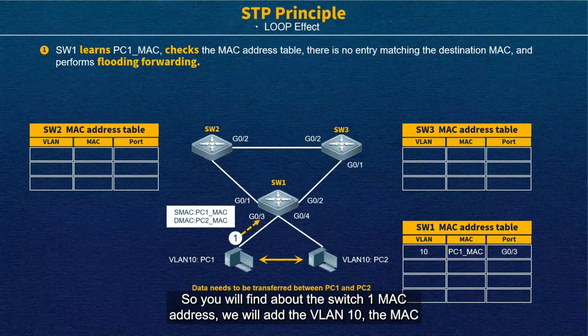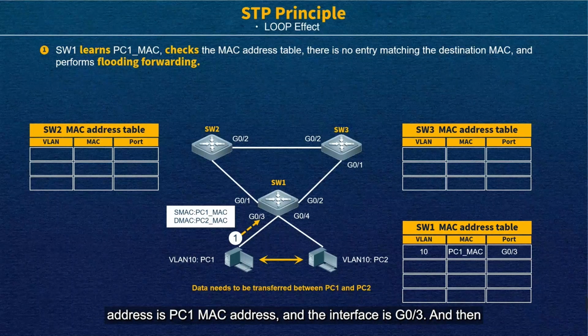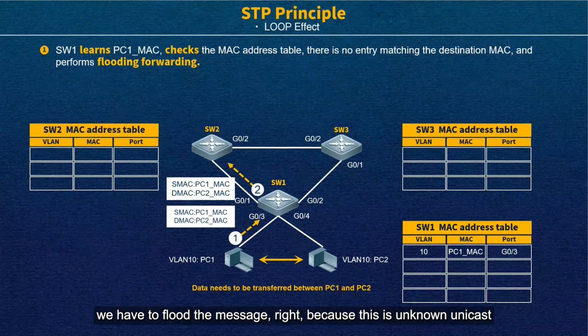So you will find on switch 1 the MAC address table: we will add VLAN 10, the MAC address is PC1's MAC address, and the interface is gigabit 0/3. And then we have to flood the message, right? Because this is an unknown unicast message.